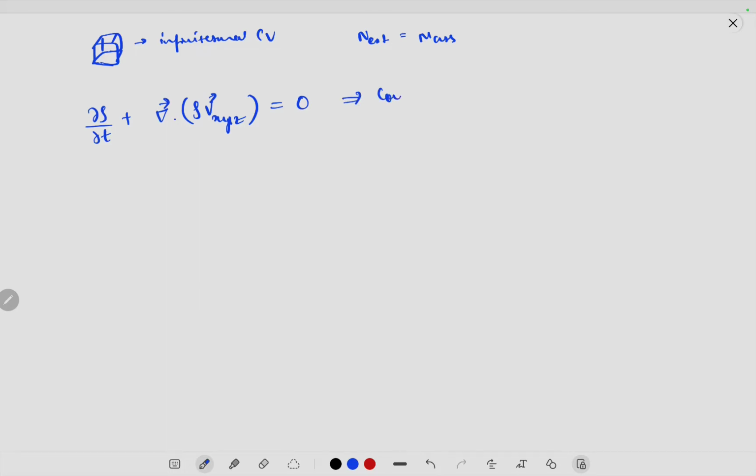This is known as the continuity equation.